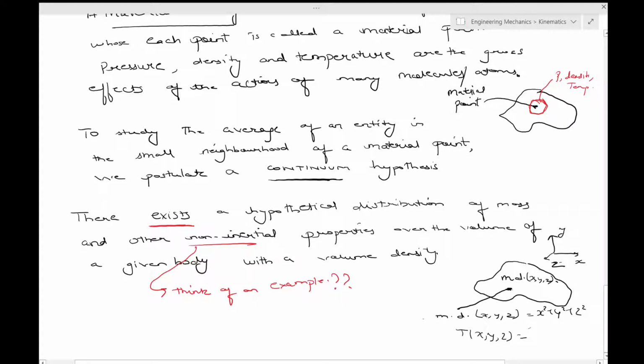This mass density and this temperature have come out at this material point by averaging a small neighborhood around it. So the contributions and the motions of the atoms and molecules in the small neighborhood contribute to this mass distribution or the temperature or the pressure and so on. That's the important part over here.